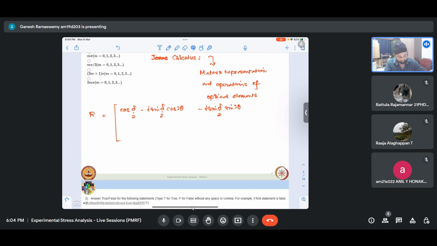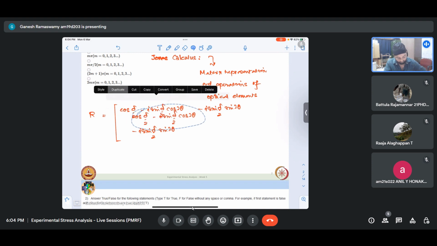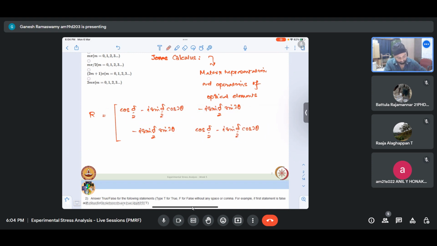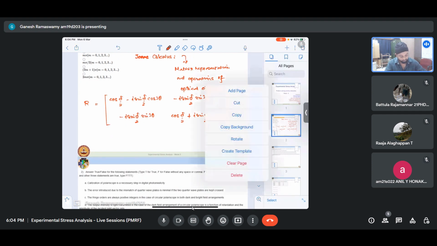This is a symmetric matrix, and this also we have, but for the sign it will be the same. So we saw that this is the general representation.